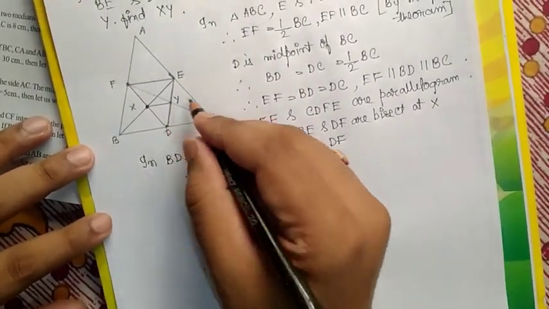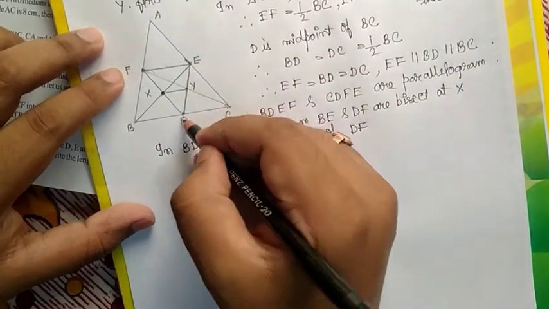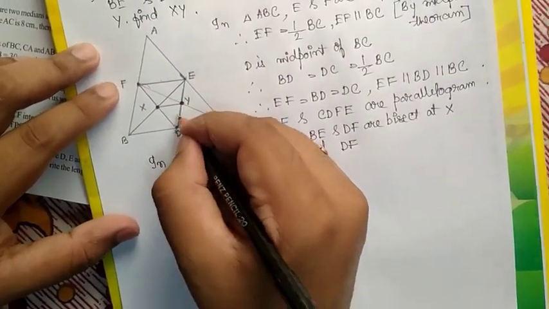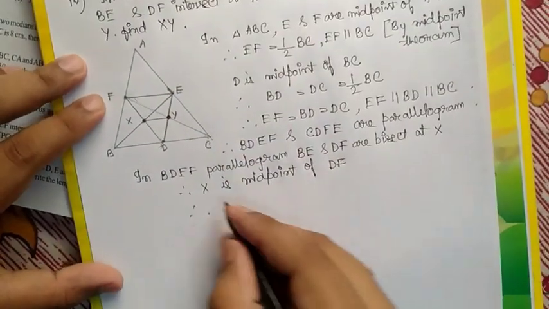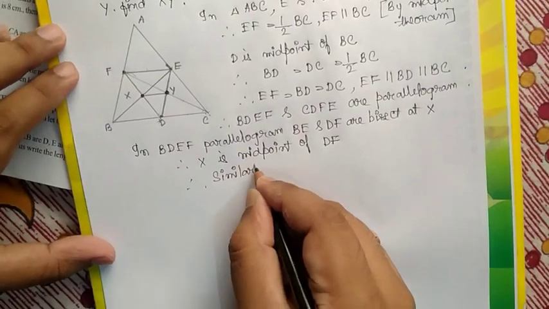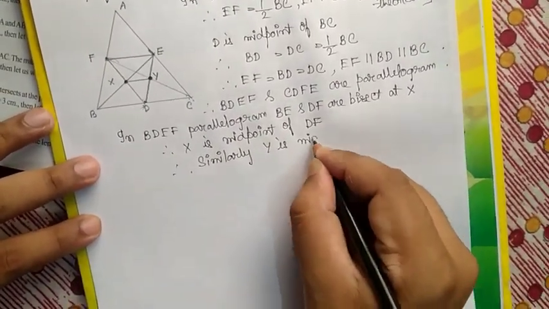Similarly, in this parallelogram DCEF, this is a diagonal and this is also a diagonal. It intersects at Y. Therefore Y is the midpoint of DE. Similarly, Y is the midpoint of ED.